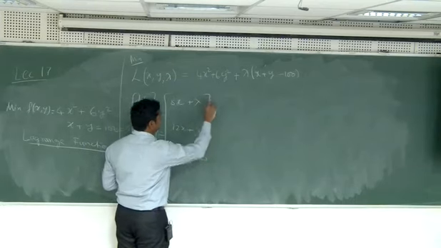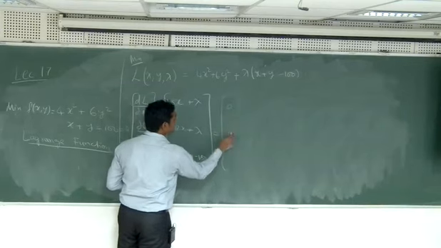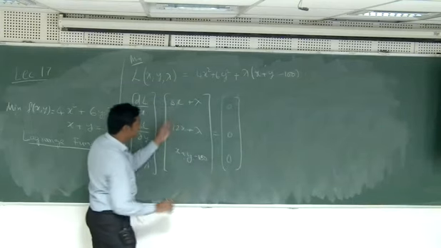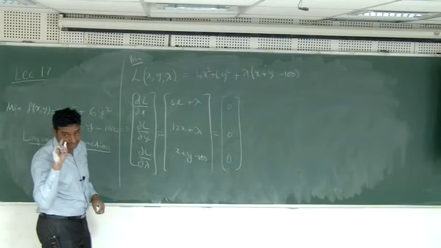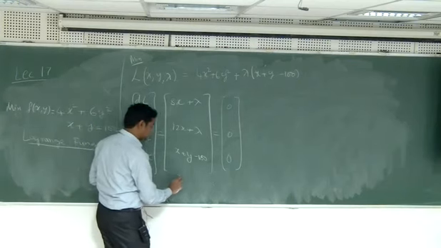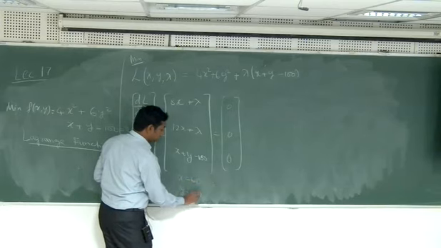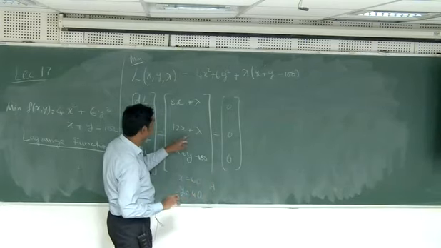Now all of these should be equal to 0, 0, 0. So I have 3 unknowns and 3 equations. If you solve these, you will again get the same thing, x equal to 60, y equal to 40, and what will be the lambda?